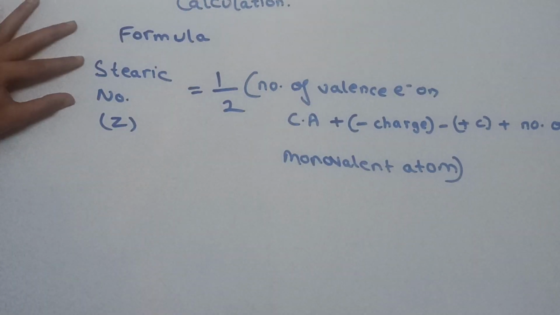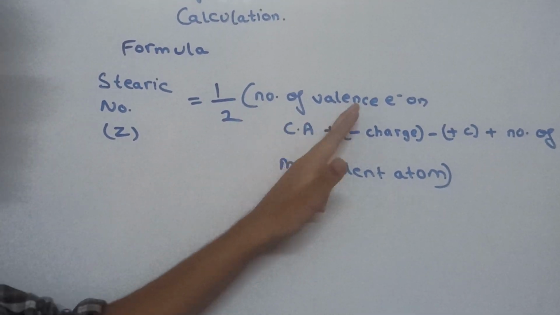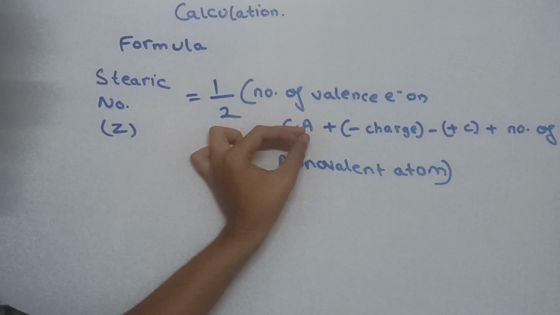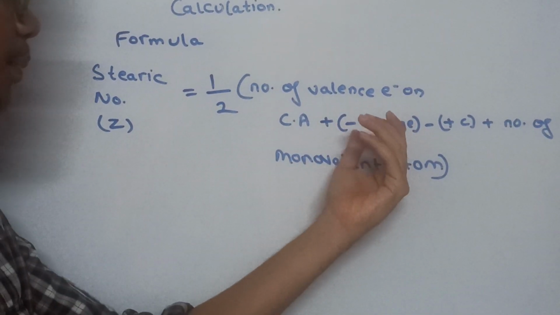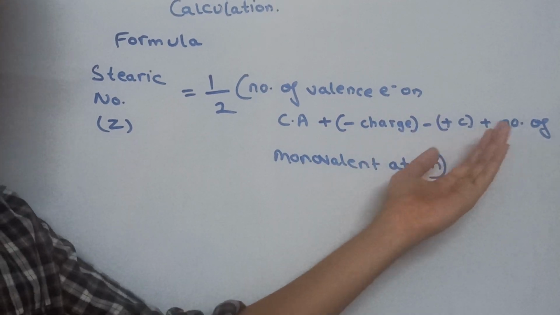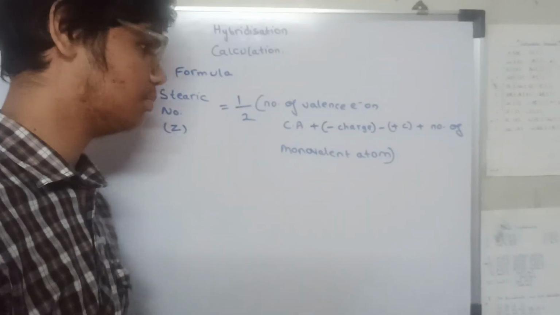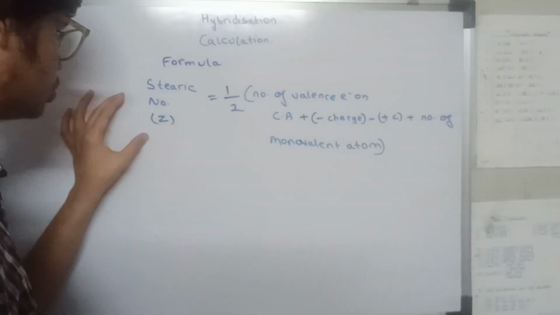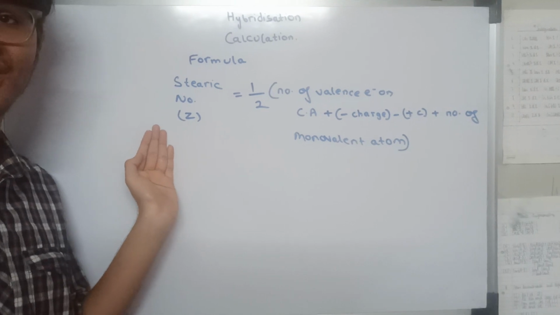It is steric number, or Z, is equal to half the number of valence electrons on the central atom plus negative charge minus positive charge plus number of monovalent atoms. Don't confuse this with steric hindrance, which we will study in organic.